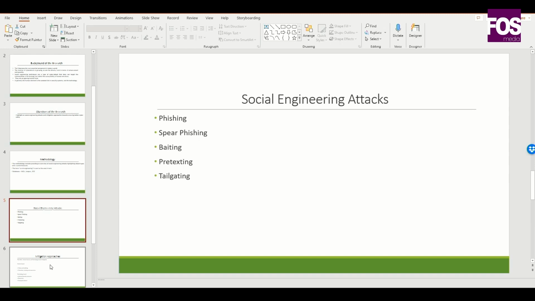They will search through social media, and they will have an idea about you, and then based on your preferences they will try to exploit your weaknesses. They might send some information asking you to provide these details, and based on that they will try to gain some valuable information from you. That's how phishing and spear phishing attacks work.